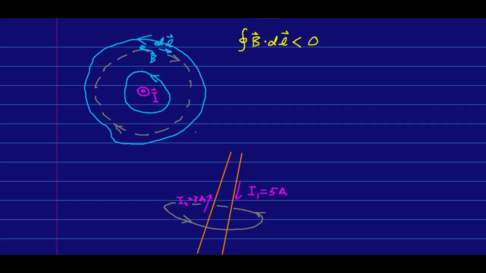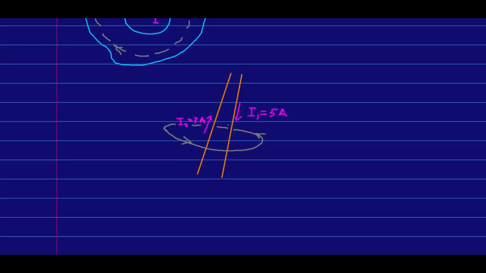Now, what we concluded up here was that if there was a right-hand rule connecting the way we go around the path and the direction of the current, then we get a positive line integral. So here you want to compare these by right-hand rule. If you stick your thumb of your right hand along I2, you'll find that your fingers are curling around in the same direction as the path.